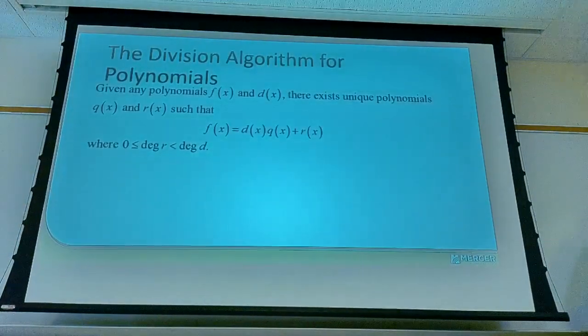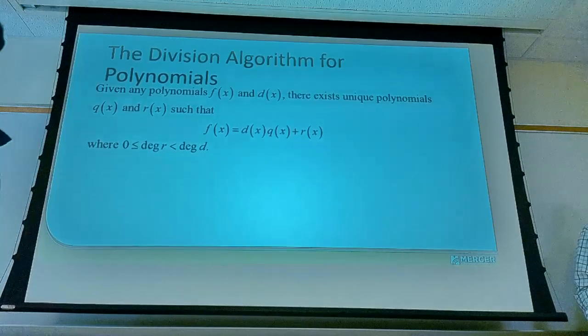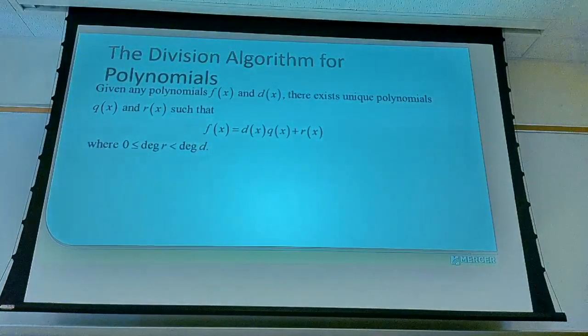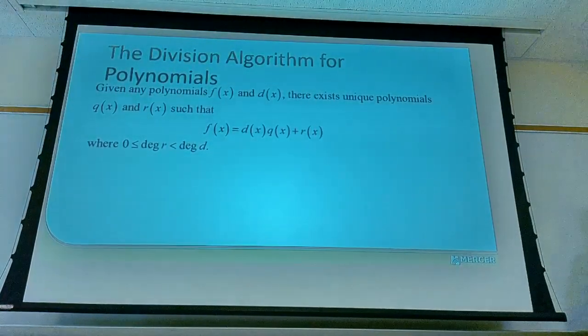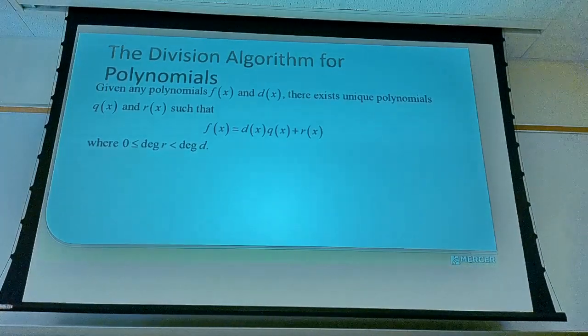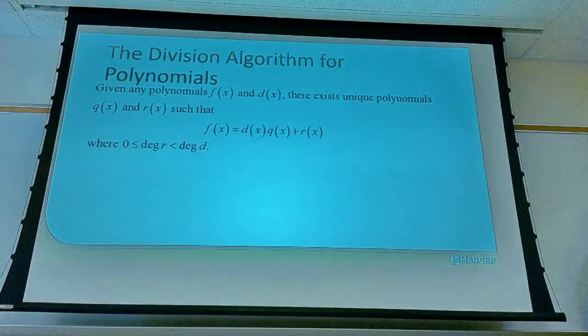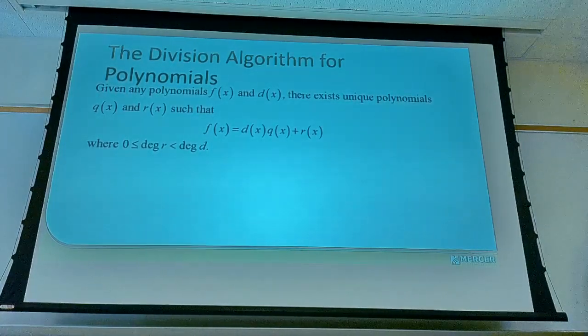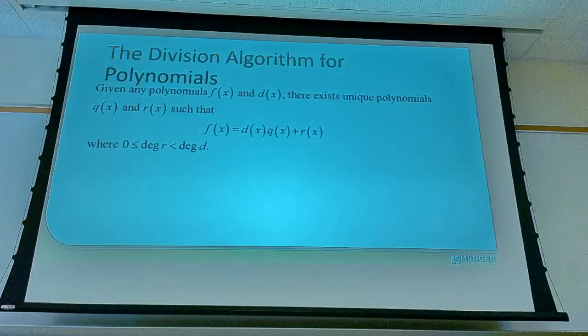Given any polynomials f of x and d of x, there exist unique polynomials q of x and r of x, such that f of x is d of x times q of x plus r of x, where the degree of r is between 0 and the degree of d. A degree 0 polynomial is just a constant.